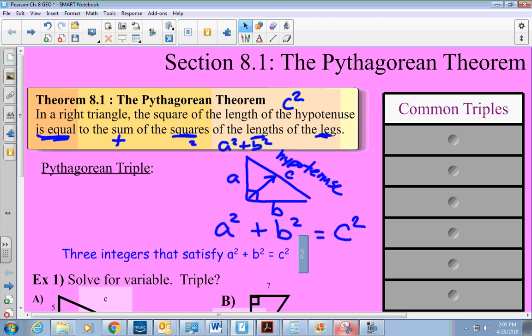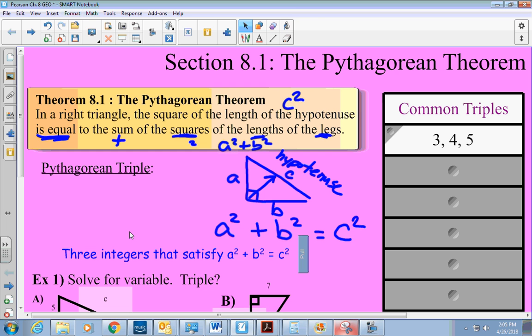So any 3 numbers, A, B, and C, that when you square the A and B equal the square of C, that's a Pythagorean triple. So let's look at some common Pythagorean triples.